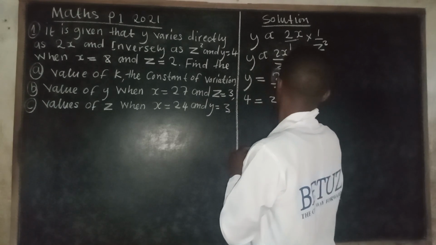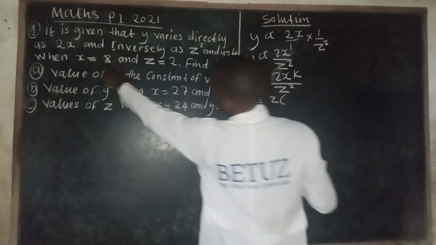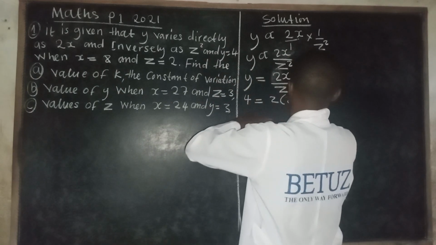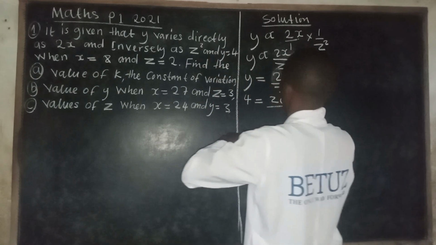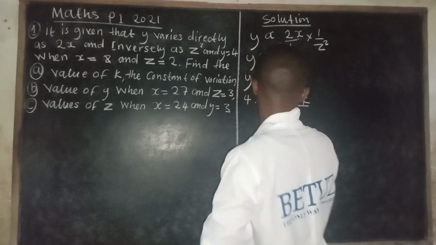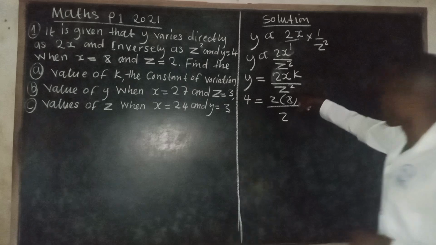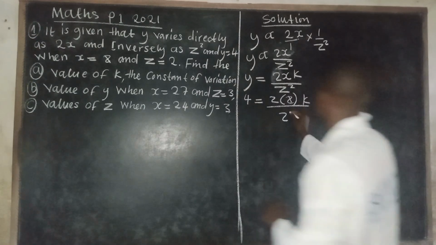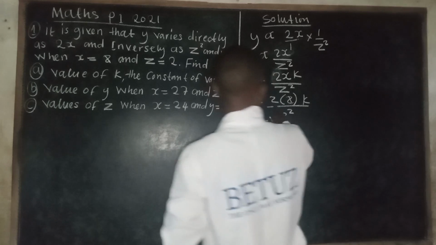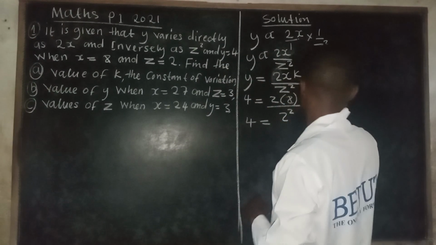Where there is x, x is equal to 8, you just put 8. Then times k outside there, over z. They are saying z is equal to 2, so 2, and remember there is a square, so you put square. So now 4 is equal to 2 times 8, that is 16, times k.